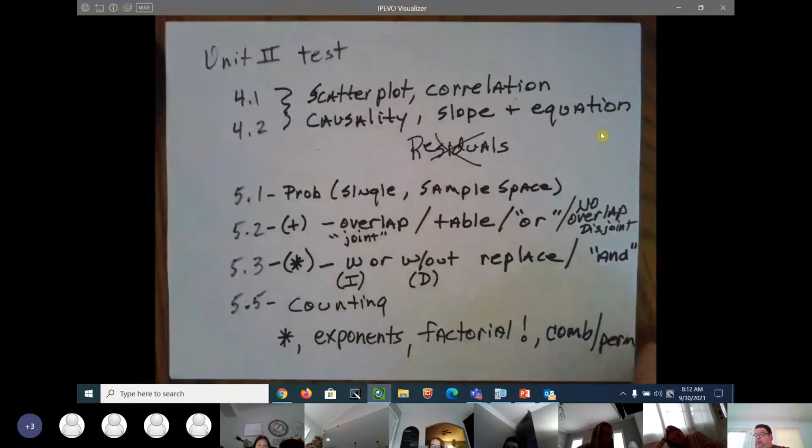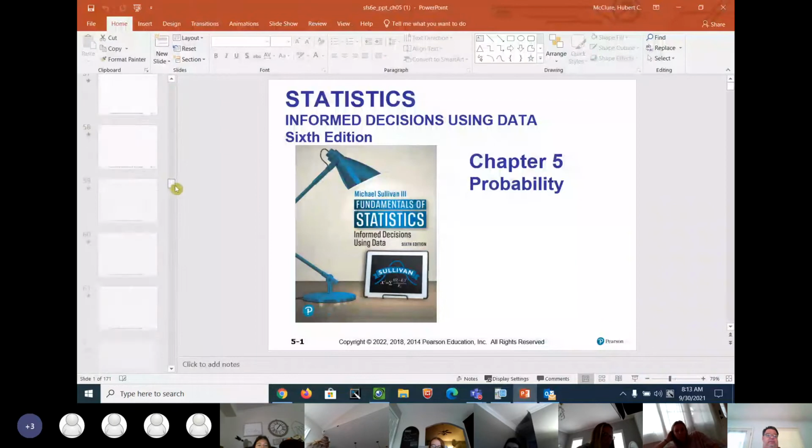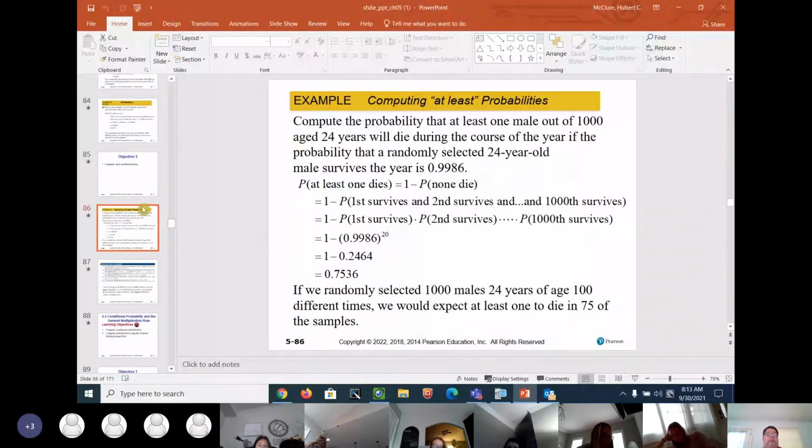All right, so what is 5.5? Well, I'm going to pull up the handy dandy. Let me go down to 5.5 if I can find it. I think that's 5.4.